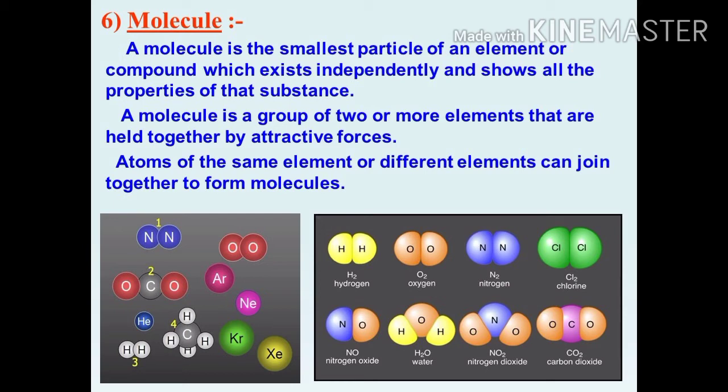Both together form nitrogen oxide. The next one is H-O-H, 2H and 1O, H2O, water. See the next one, O-N-O, NO2, nitrogen dioxide. O-C-O, carbon dioxide. So different elements are joining and form one type of molecule.